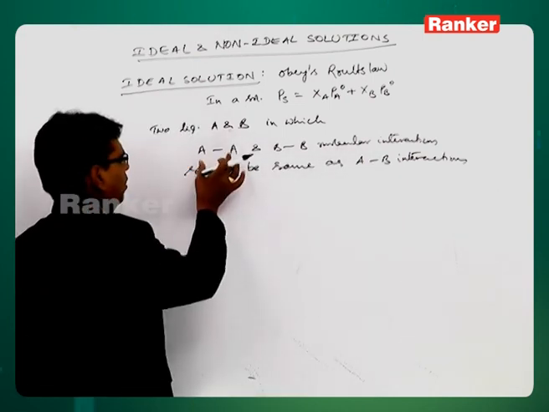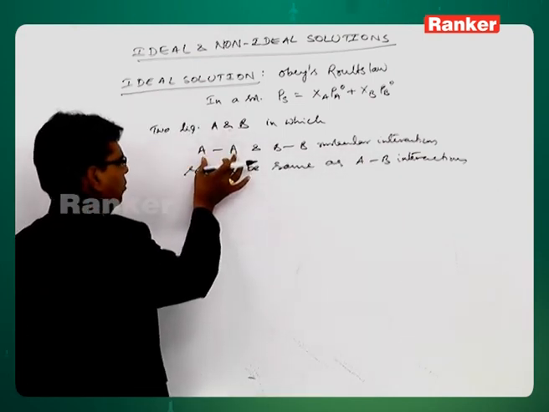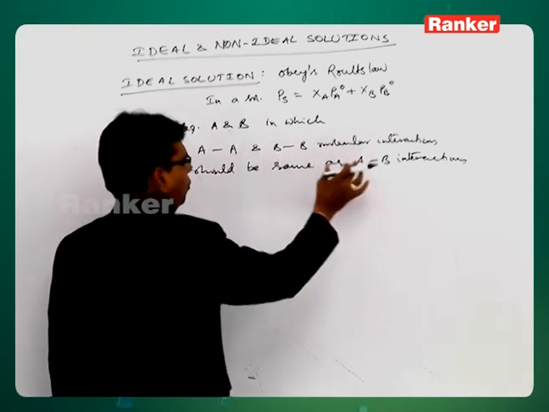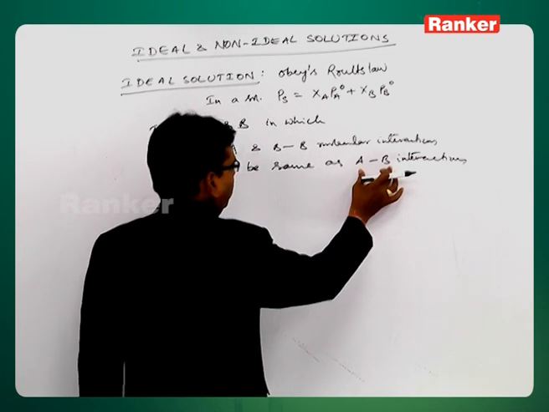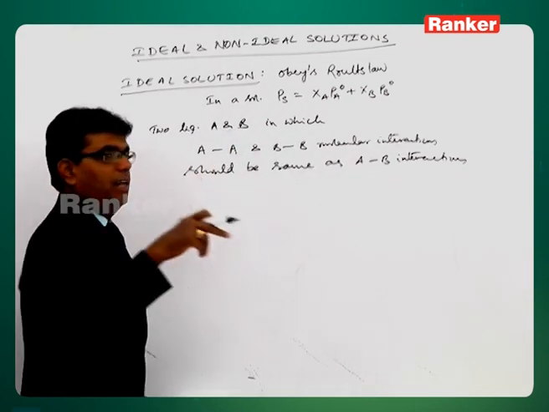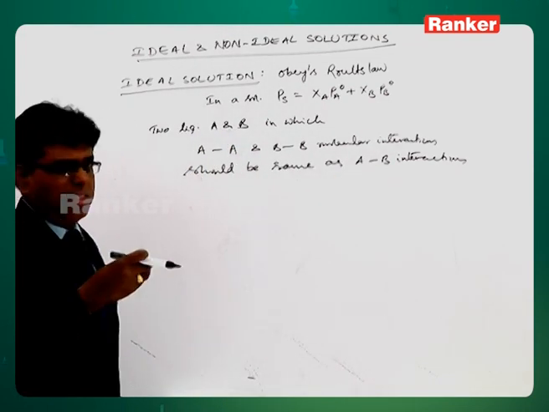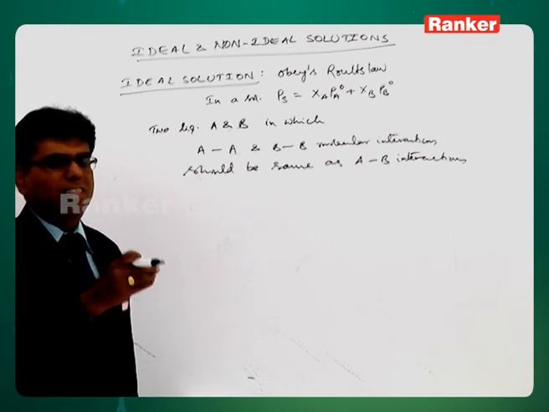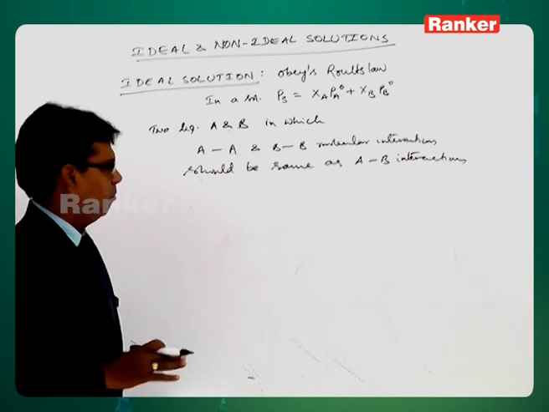That means the net forces acting between two molecules of A, between two molecules of B should be the same as the force acting between the molecules of A and B. Basically the meaning is both liquids A and B should be of similar properties.